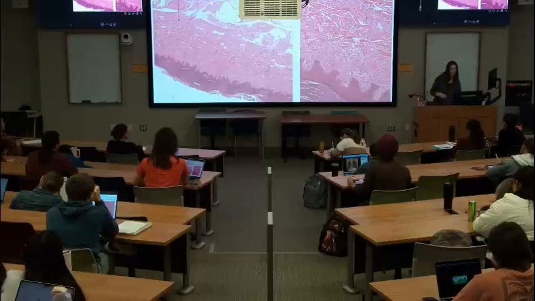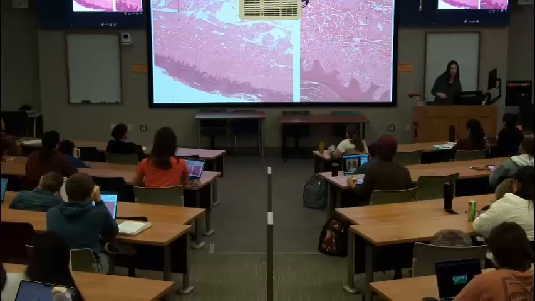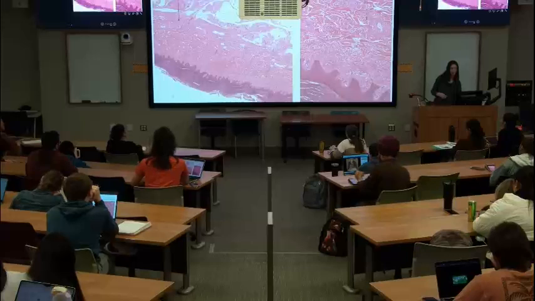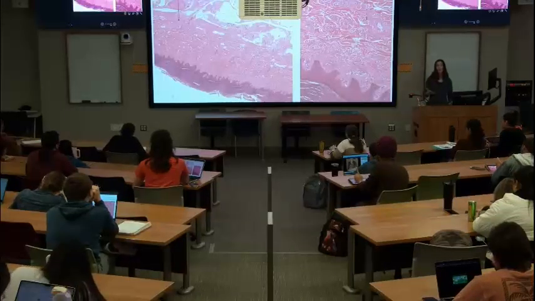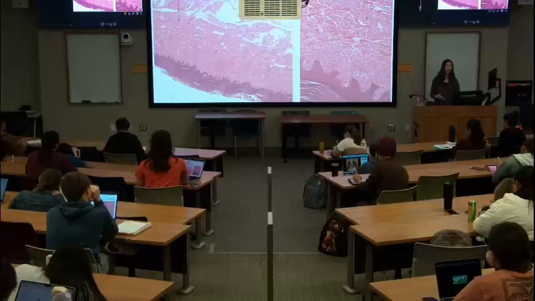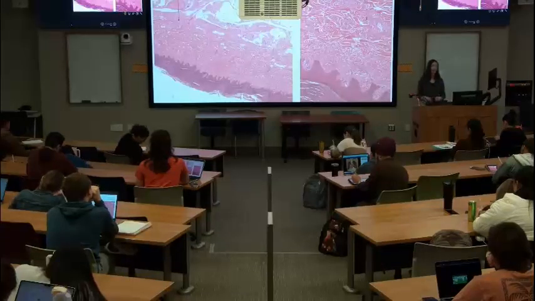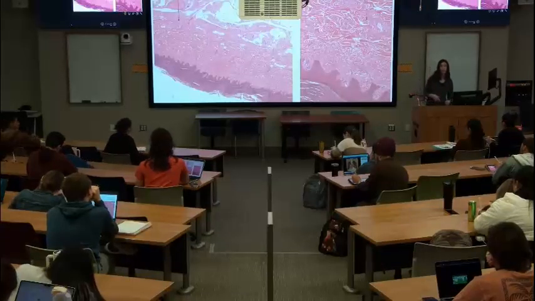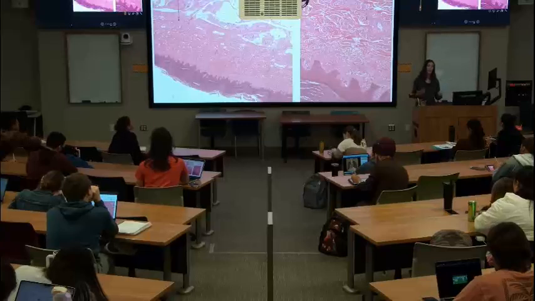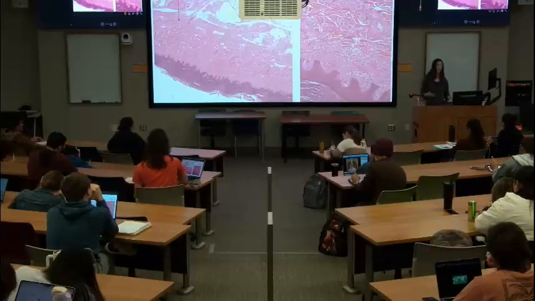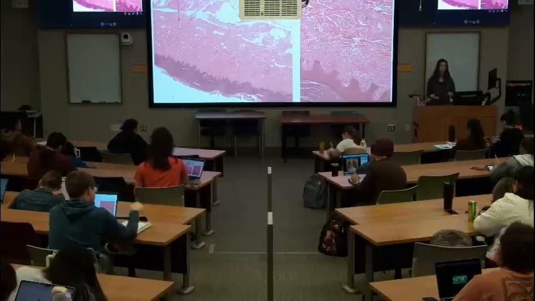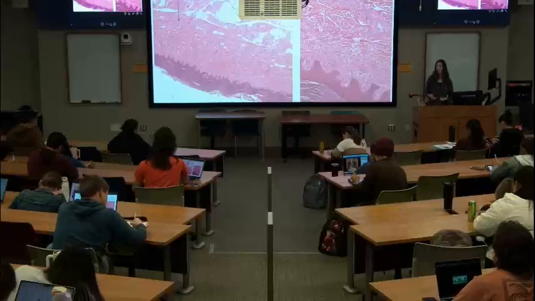You see these little patches here, like this, and this, and this, and this. These are glands, right? They're eccrine sweat glands. How do I know they're eccrine sweat glands? Because the only type of gland that you'll find in thick skin is an eccrine sweat gland, right? You don't find apocrine sweat glands. You don't find sebaceous glands.